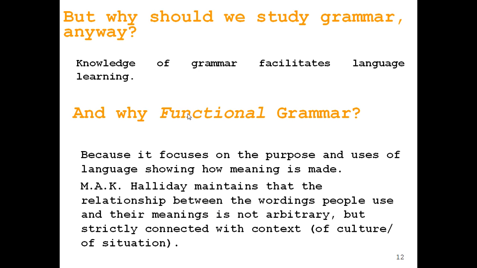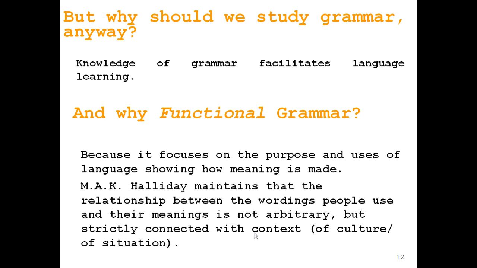Now, you see, this slide, for the first time, mentions that important concept that I told you about, context. So, Halliday, who is the founder of our grammatical approach, maintains that the relationship between the wordings people use and their meanings is not arbitrary.